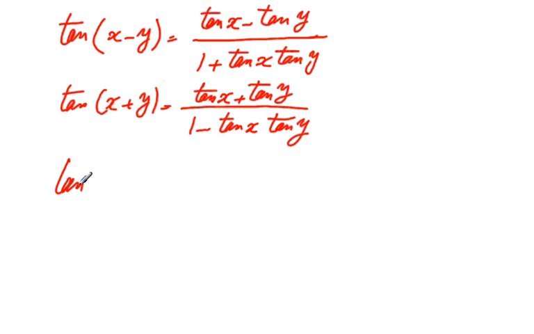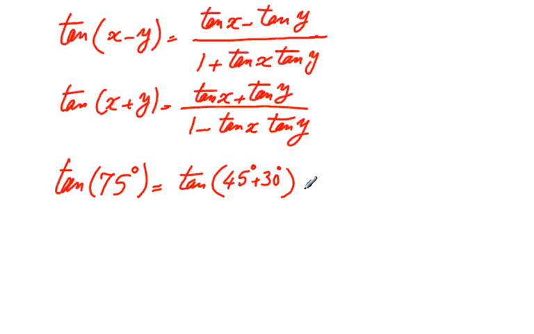I don't know if time's over or not, but let's just quickly do one example. What is tangent of 75 degrees? What do you think you should do? Tangent of 45 plus 30. Let me ask you to find tangent of 45 and 30, plug it in here and find out what that is. And you do need to simplify quite a bit.